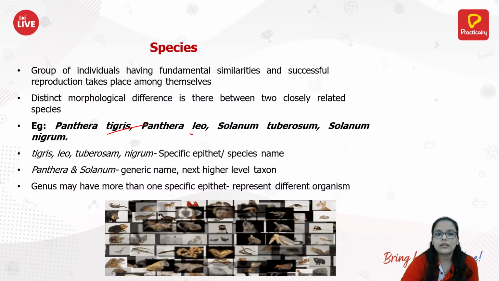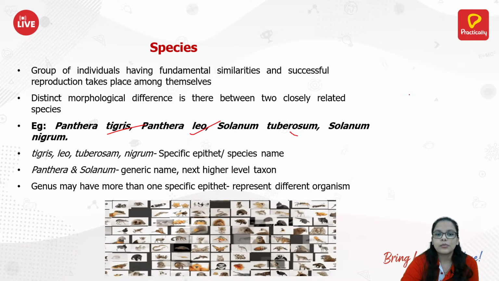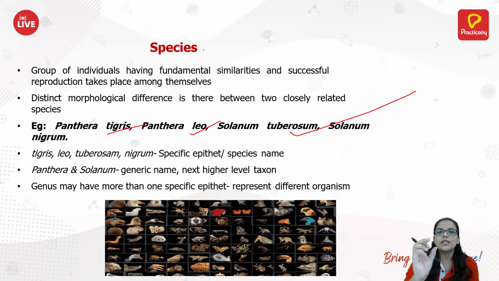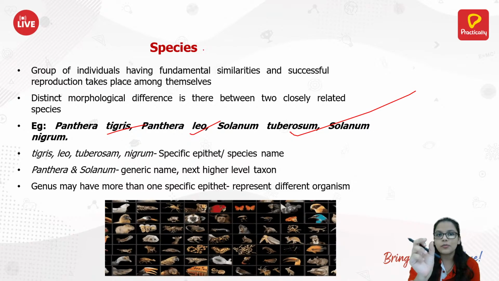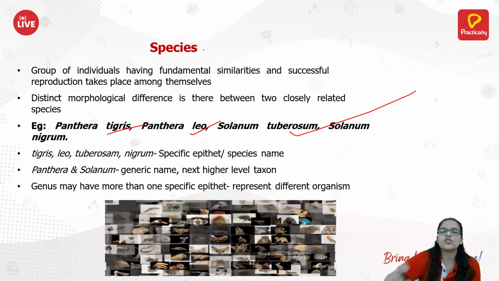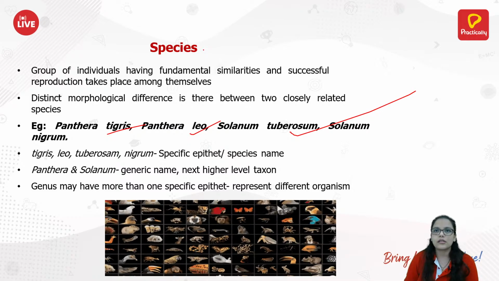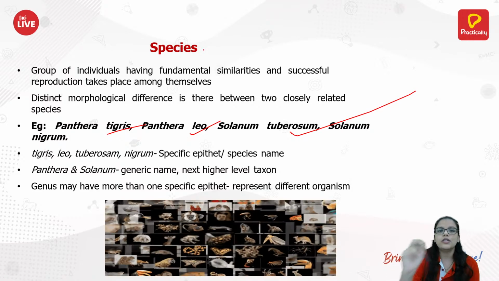Leo is lion. Solanum tuberosum, potato. So these are the species. When you write a scientific name, just the last portion is what denotes a species. Just the same kind of animals or the same kind of plants or the same kind of bacteria. That is what species are.